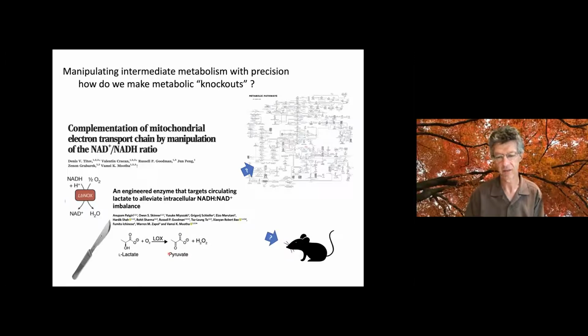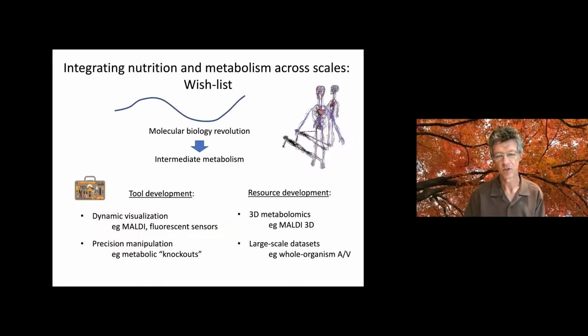And again, same question as before: how do we take this to an organism? Obviously, we try to create transgenic mice that express this in particular tissues, for example. These are the sorts of things that I think are worth thinking about. So that's kind of it.